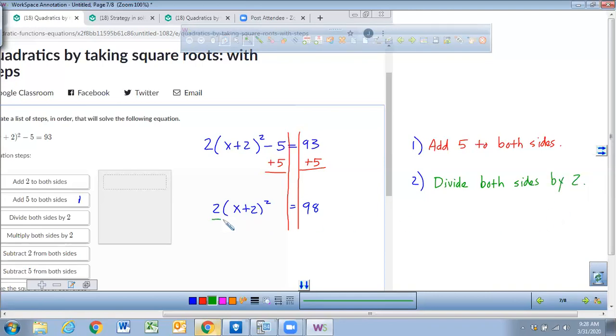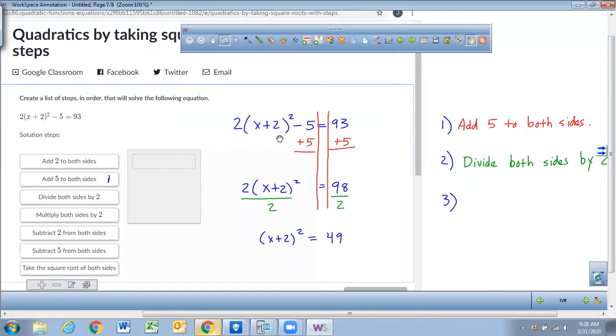So we're going to divide this side by a 2, divide this side by a 2. And we're left with x plus 2 squared equals 49. That's step number 2. Divide both sides by 2. So you can see right here, here's going to be my step 2. I'm going to drag that in second.